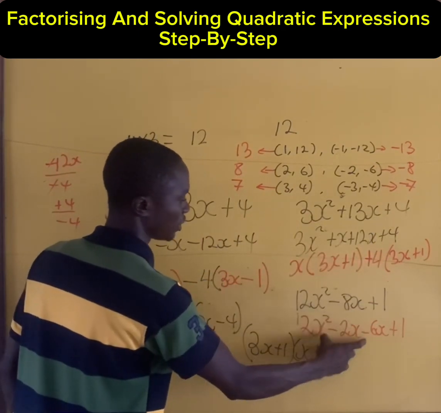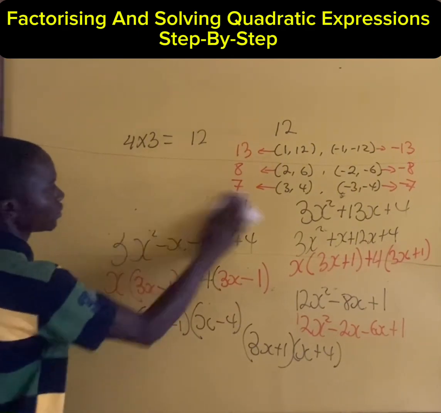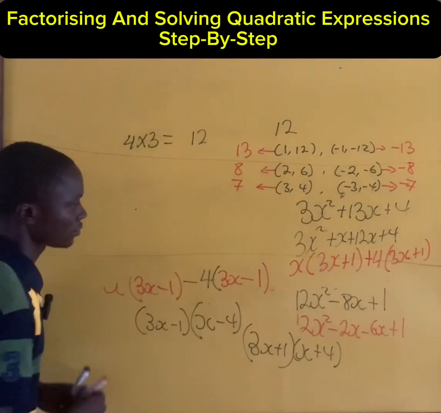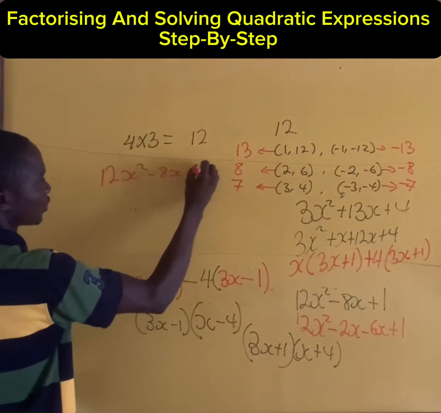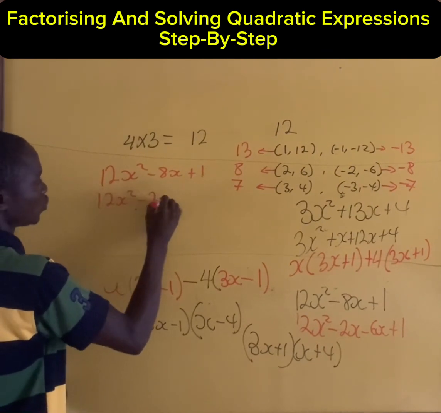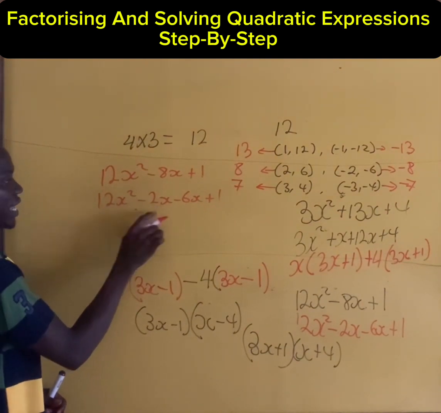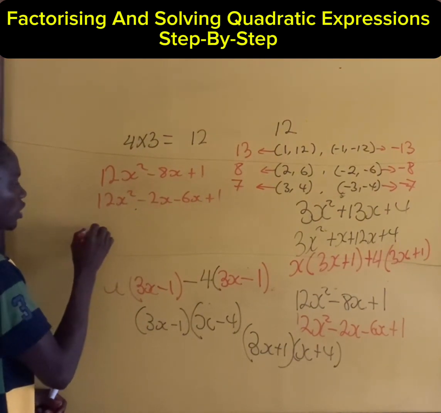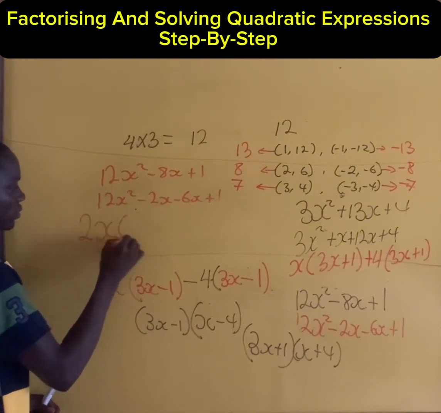Now it has left with what we have here. So let's see. We have 12x squared minus 8x plus 1, and it is 12x squared minus 2x minus 6x plus 1. So you can factorize this one. X can divide this x squared, so I'll bring x out. 2 can divide 12, so I'll bring 2 out.